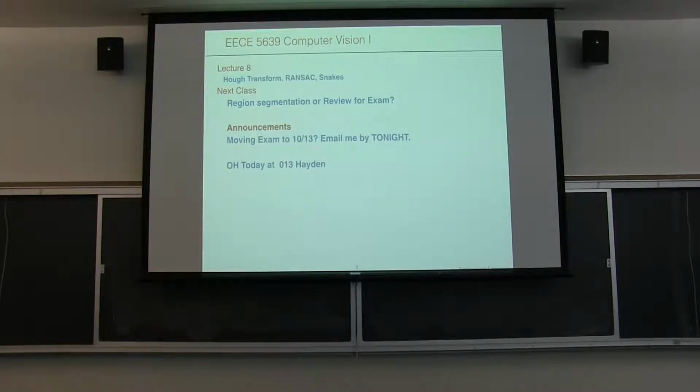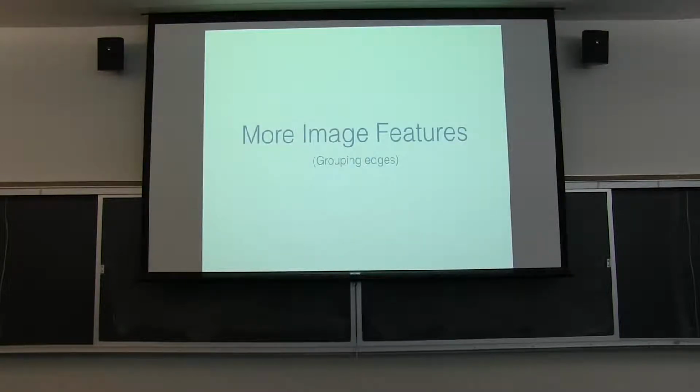Okay. So the plan for today is let's talk about the Hough transform that I started talking about last class. And after that, we'll talk about RANSAC, which is a method for removing outliers from data. And if we have time, we'll talk about active contours or snakes. So what we're doing is slowly progressing into higher level features.